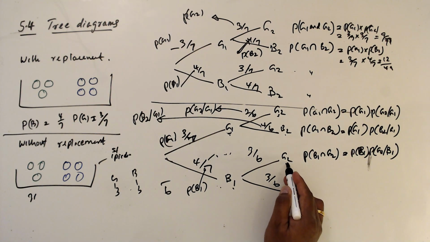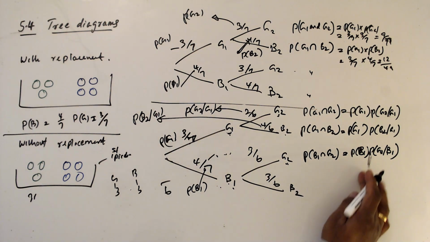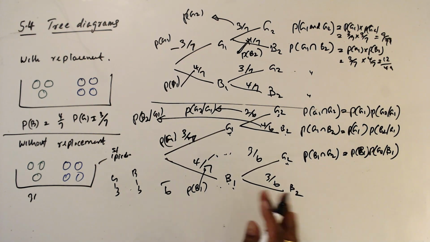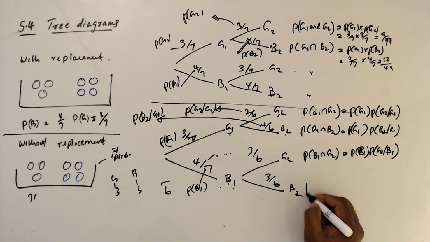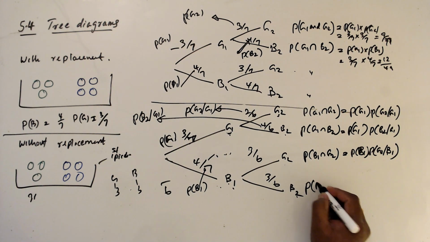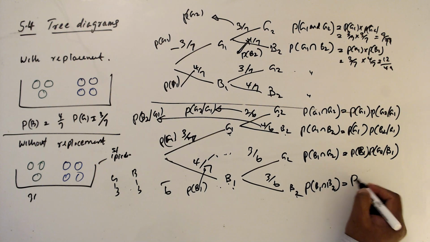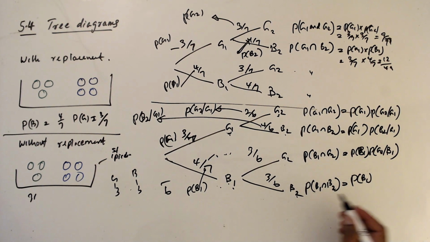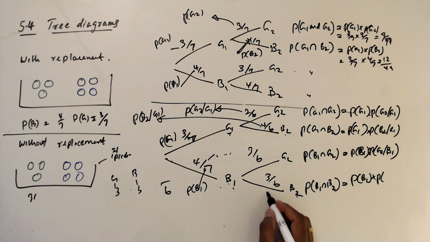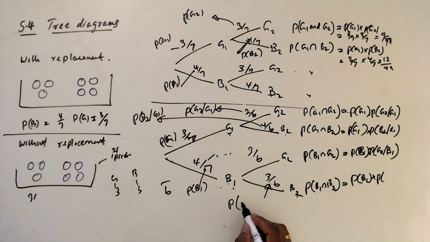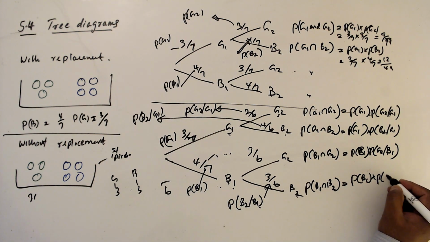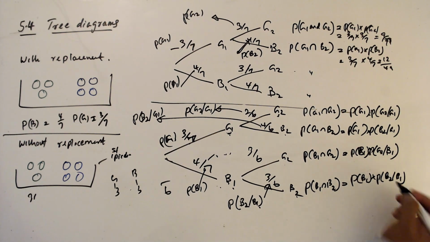You come to G2 via B1. To get the probability of B1 intersection B2, it means P(B1) multiplied by the probability of B2 given B1.